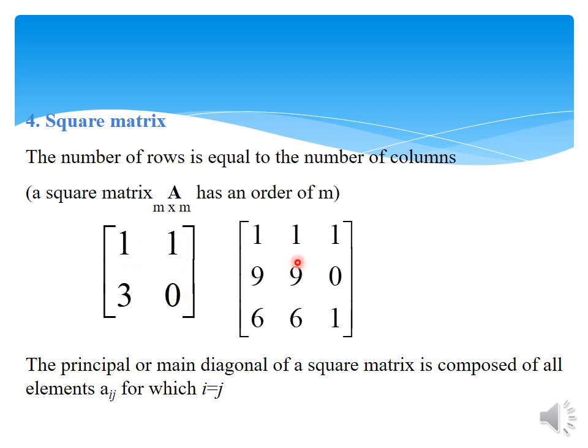It means the order is the same, so it is a square matrix. Next example, 3 rows and 3 columns, so the order of this matrix is 3 by 3. It means rows and columns are equal.